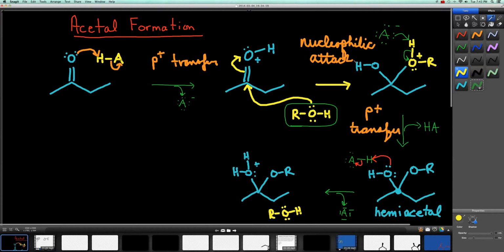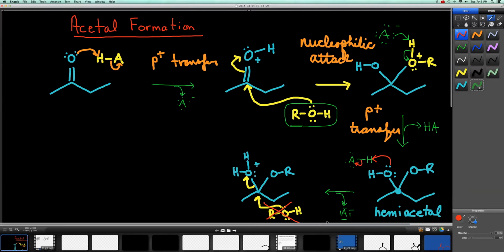We could imagine an attack that is simultaneous in terms of this attacking and this leaving. That would be like an SN2 reaction. Unfortunately, when we do the experiments, we find that when we increase the concentration of the nucleophile, there's no effect on the rate. Therefore, we have to eliminate this as a possibility.